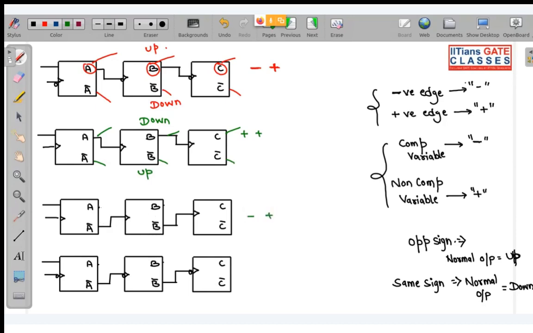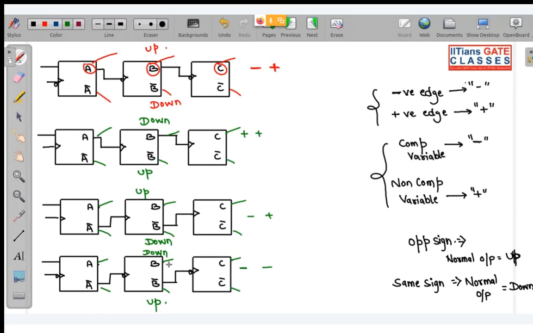So different sign. If different sign, then for normal output, we have up counter. And that means if we take output from here, this will be down. Similarly, over here you can see same sign we have. So if we take output from non-complemented, this will be down. And if we take output from here, this will be up. Tell me if this is clear or not. You can solve it later on.